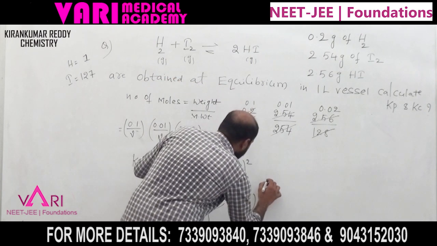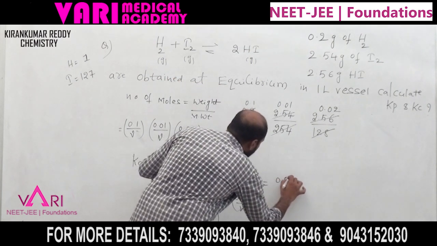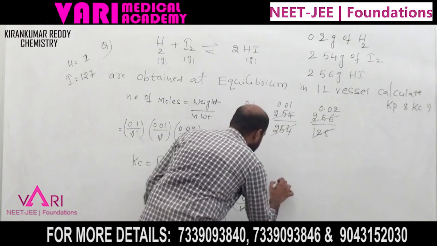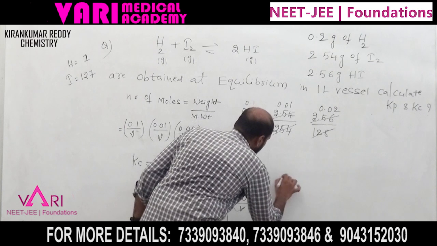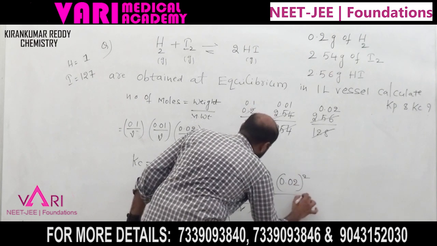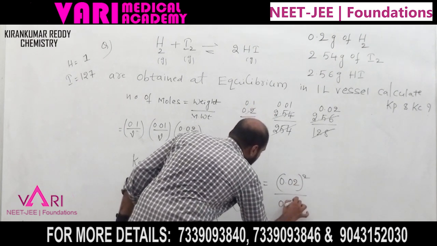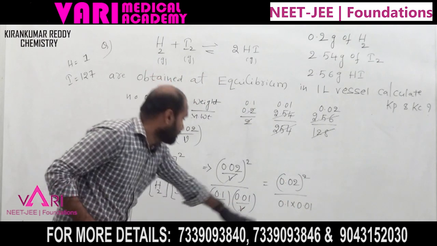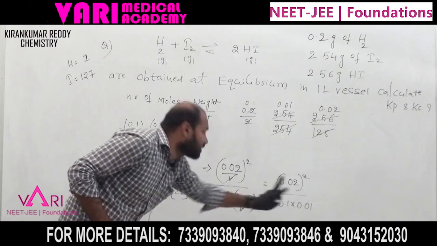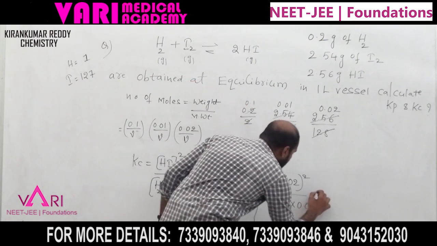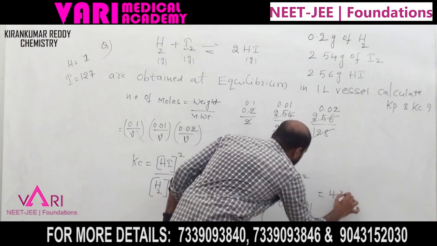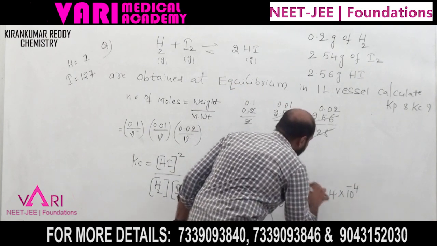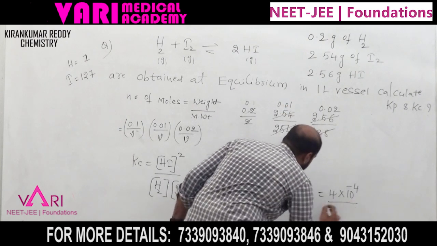Now I have to write 0.02 whole square by 0.1 into 0.01. Yes sir, 0.1 into 0.01. Now we can write this as 4 into 10 to the power minus 4, because minus 2 squared means 10 to the power minus 4.